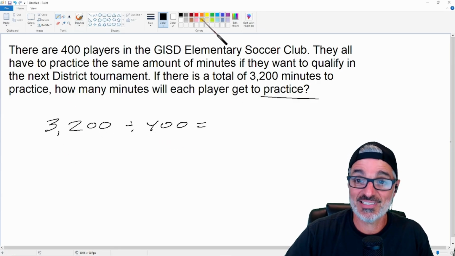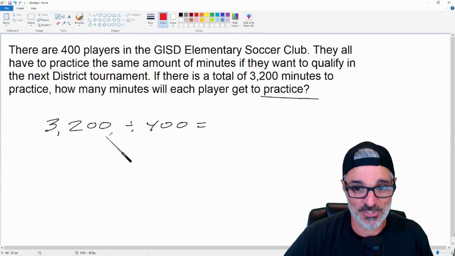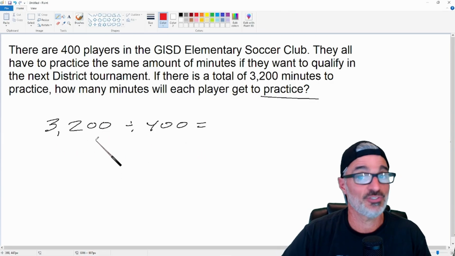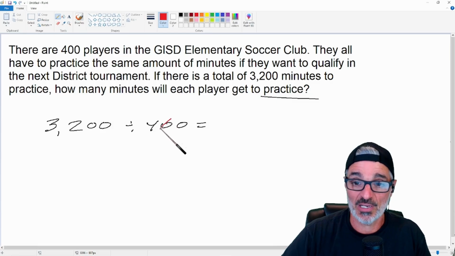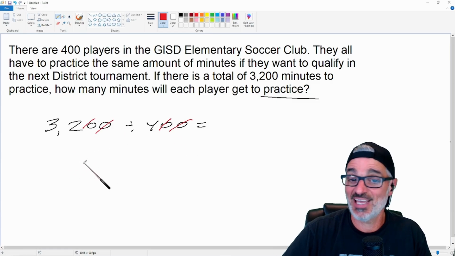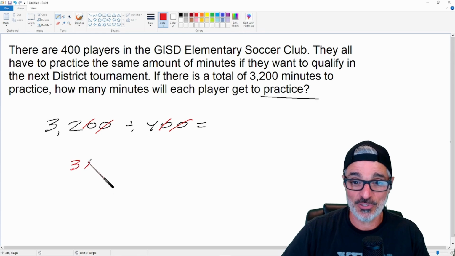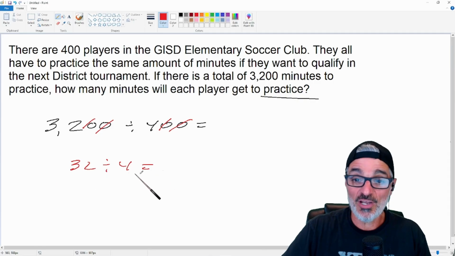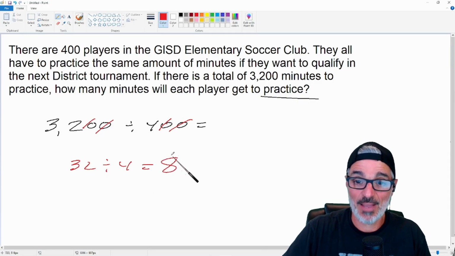Now, we notice that we have multiples of 10. 400 is a multiple of 10. 3,200 is another multiple of 10. So we can apply the rule. These two zeros cancel these two zeros. And then all I have is 32 divided by 4. And we don't even have to do the algorithm because we know that 8 times 4 is 32.